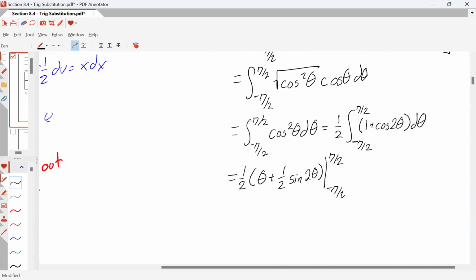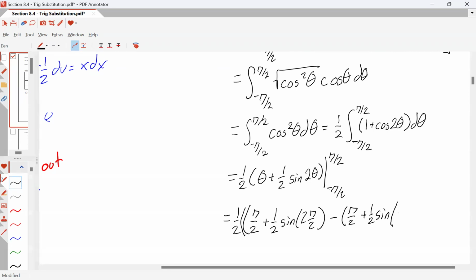And plugging in our bounds, 1/2 pi/2 plus 1/2 sine of 2 times pi/2, minus the value at the lower bound, -pi/2, plus 1/2 sine of 2 times -pi/2.